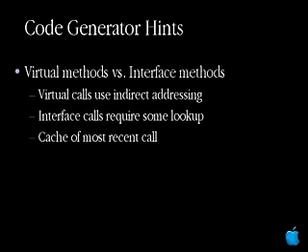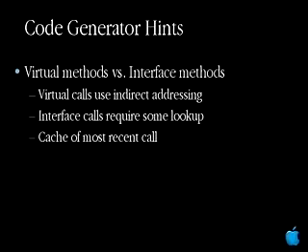So if you have a choice between declaring a virtual class hierarchy, or using interfaces, you'll get better performance from virtual calls than you will through interface calls. That's because a virtual call requires a simple index into an array to get the address of the method that you want to call.